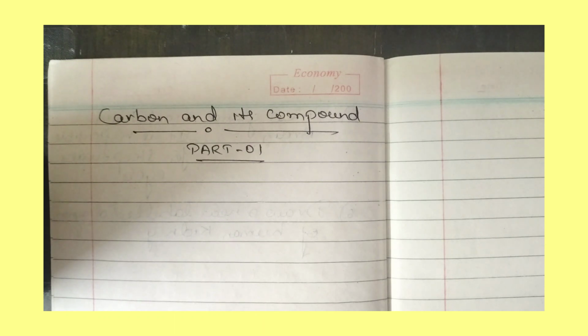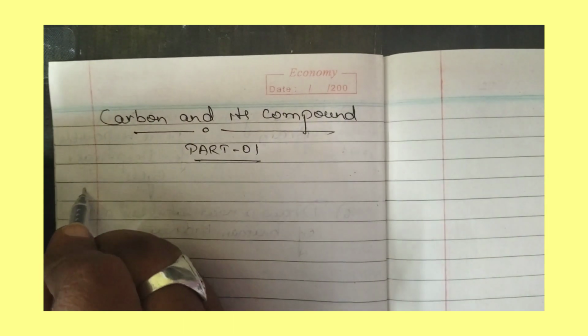Students who are watching my video, you have to take a pen and write whatever points I write. That will become your running notes. Everything I teach here, I will teach with points, so it will be very easy to understand. So now let us move to the chapter, carbon and its compounds, part 1.